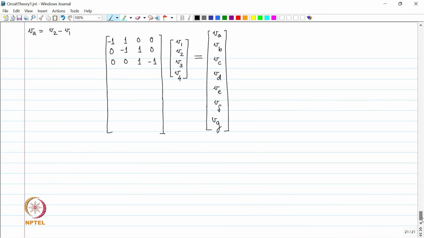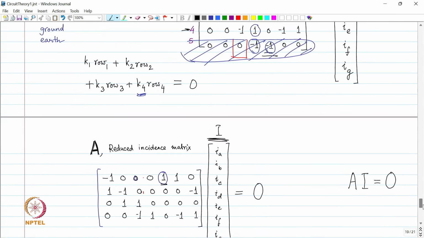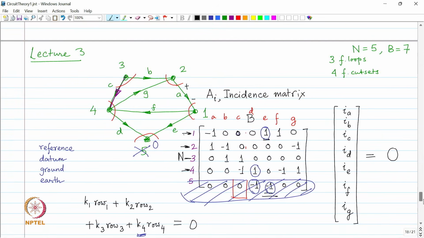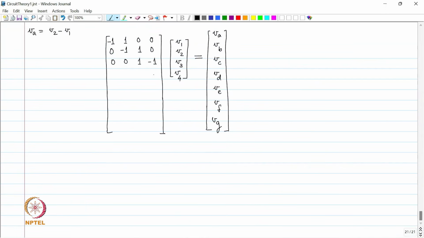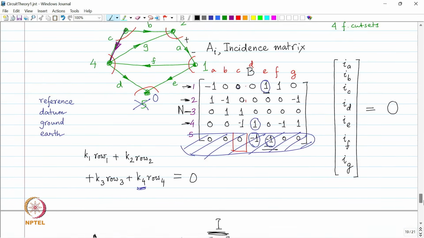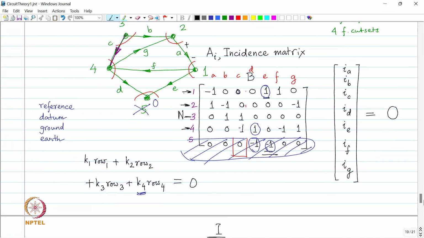Wait for it. So, this is V C, V D, what is V D? How much is V D? V 4, V 0 is 0. And then V E is V 1.